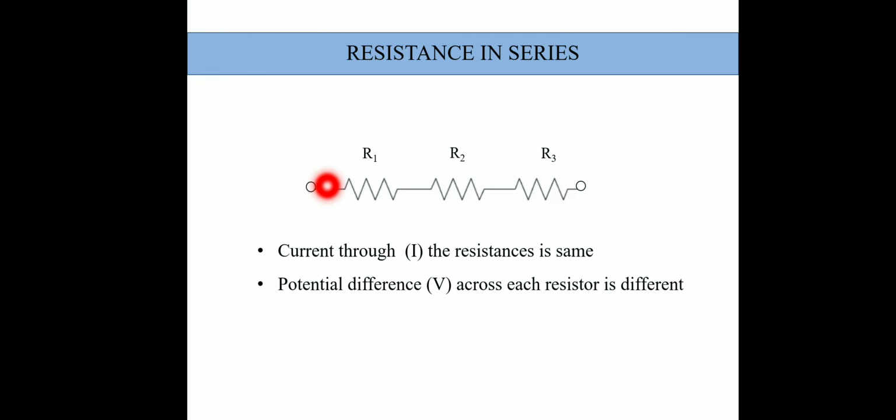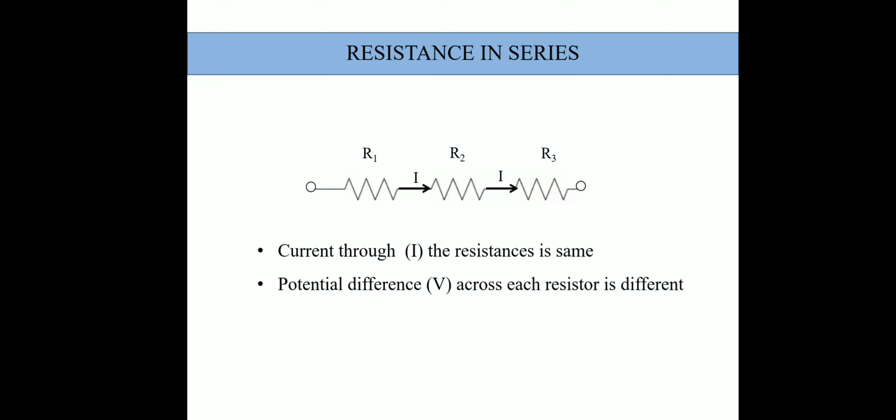So here, when the resistances are in series, the same current basically flows through each one of the resistors. So current through the resistances is the same when they are connected in series, right? But we have also discussed they can have different potential differences.